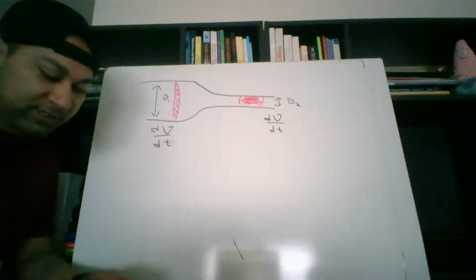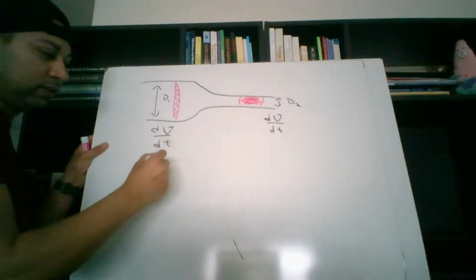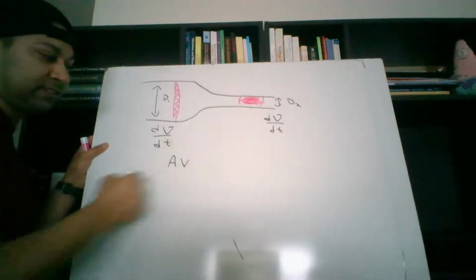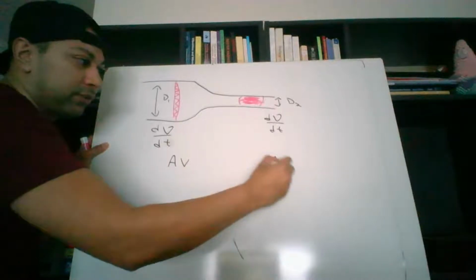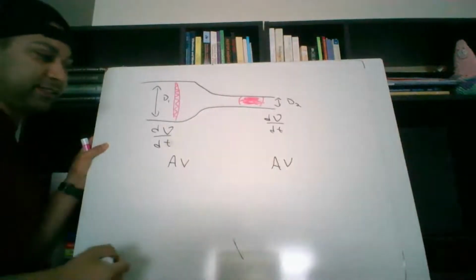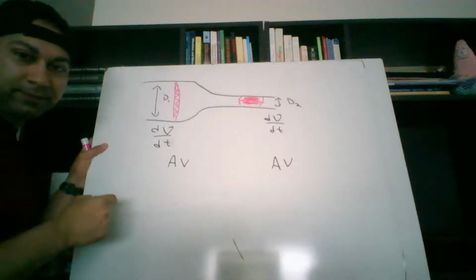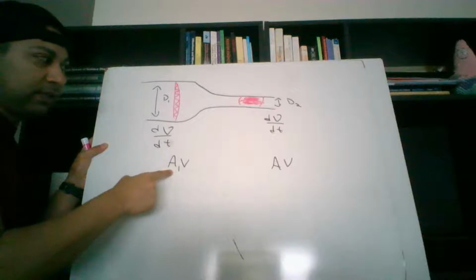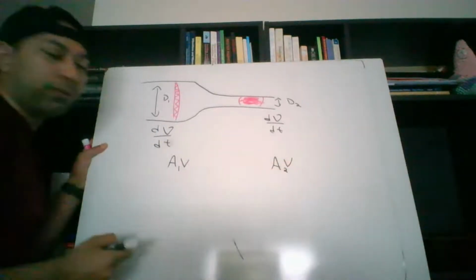Why is that important? Because over here, our equation, we already said, was the cross-sectional area times the velocity. Over here, it's going to be the cross-sectional area times the velocity. And hopefully you understand that the area at this point is going to be different than the cross-sectional area at that point.